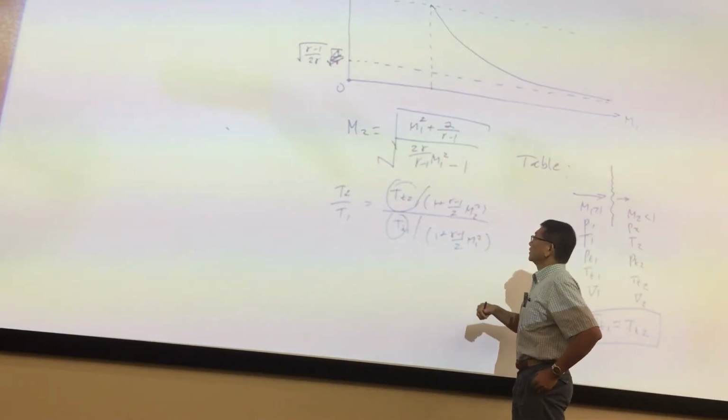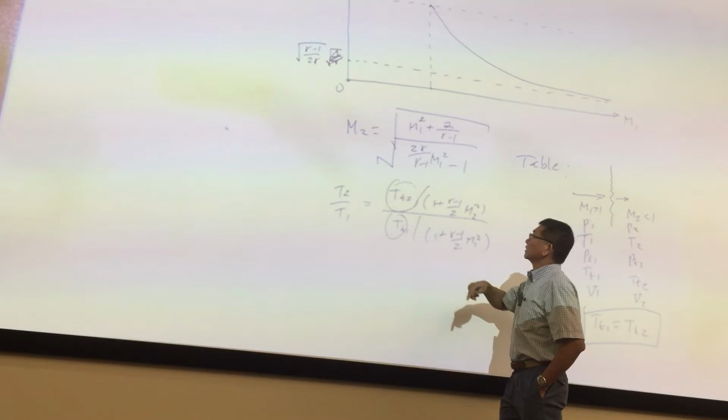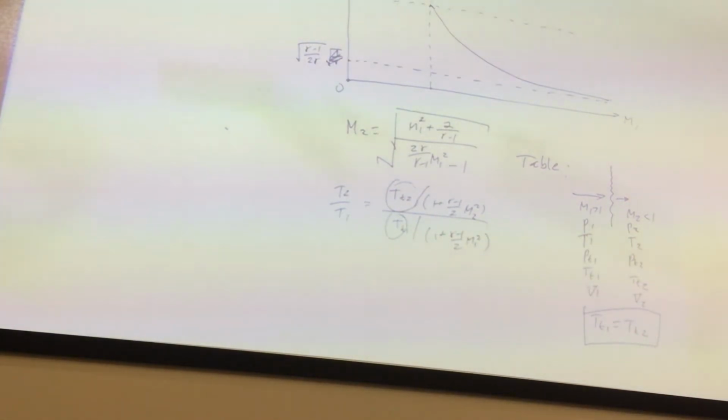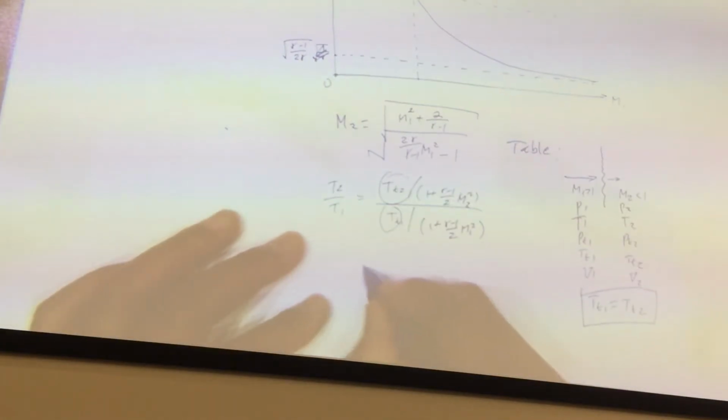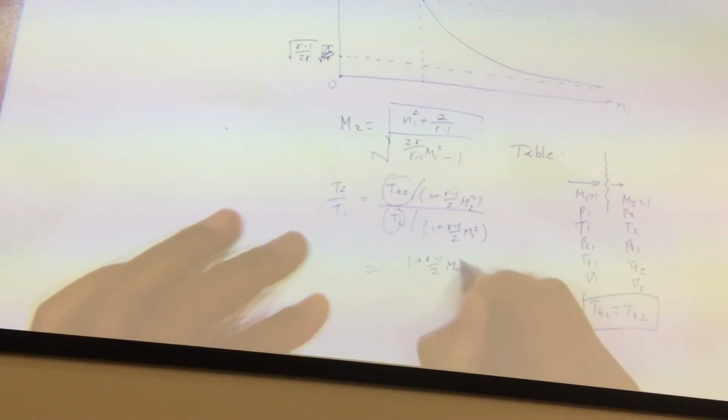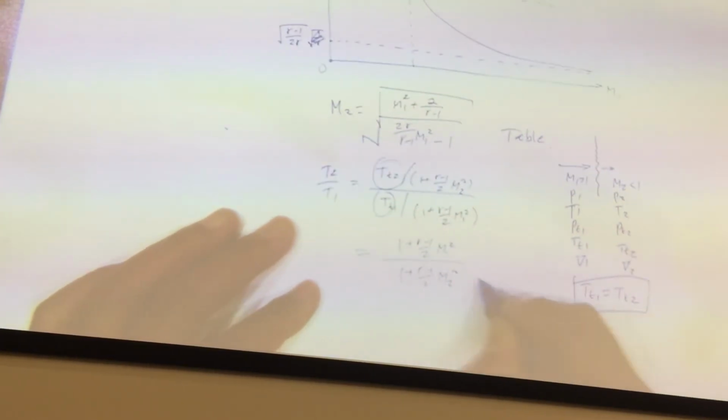So this is the ratio of M2 over M1. You plug the M2 in here, so it all becomes M1. It's nice to know that once I know the upstream condition, I know everything, because M2 can also be determined. If this is the case, you flip it over: 1 plus gamma minus 1 over 2 M1 squared over 1 plus gamma minus 1 over 2 M2 squared.